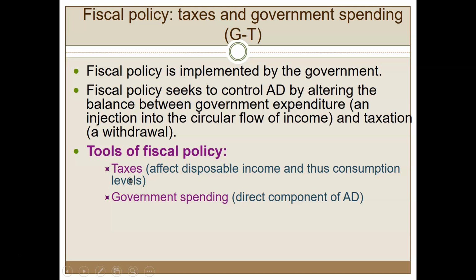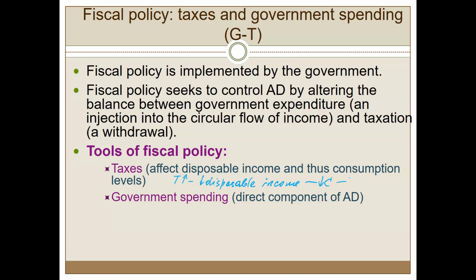How exactly do they work? Taxes will affect disposable income of households. For example, if we increase taxes, this will lead to lower disposable income in our pocket. Disposable income goes down, which will reduce consumption level. We have less money to spend.